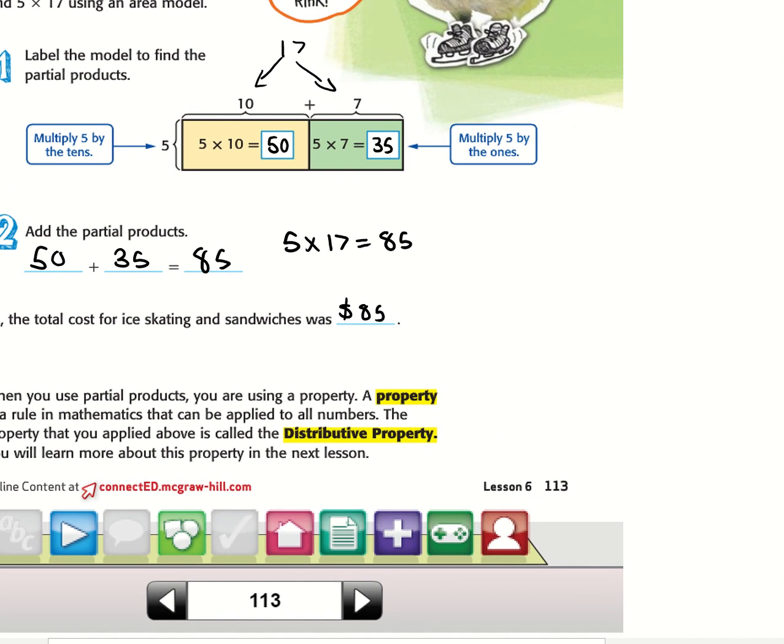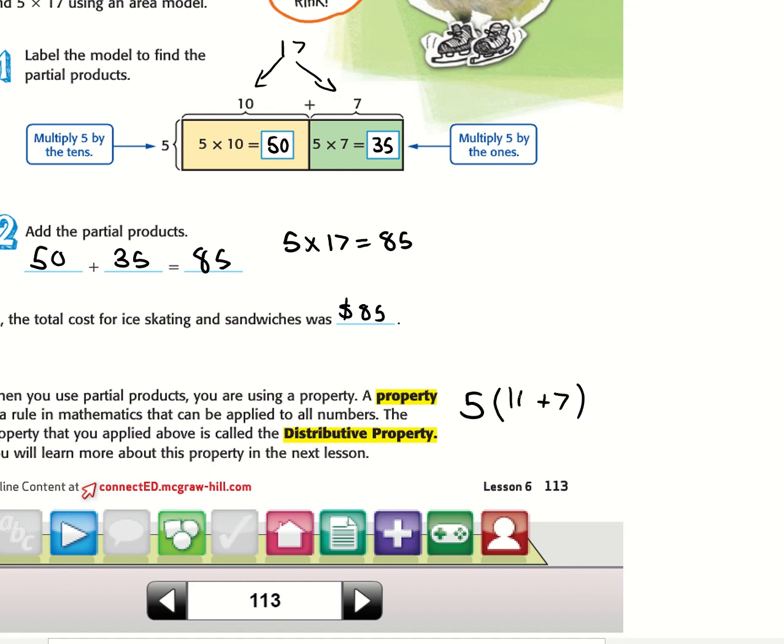Just for a heads up, I do want you to write this down because when you become 6th graders, you will be learning the distributive property, and it's going to look something like this, where a number is next to a parentheses, 5 times 10.